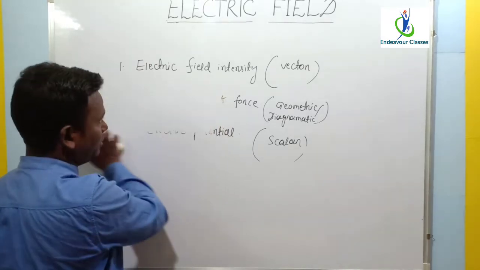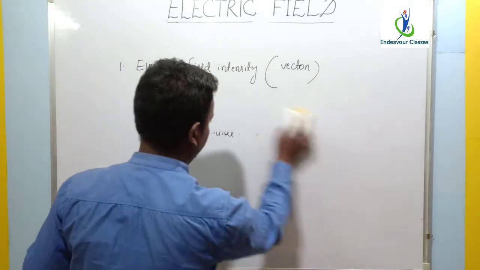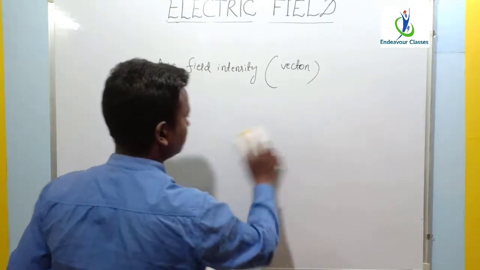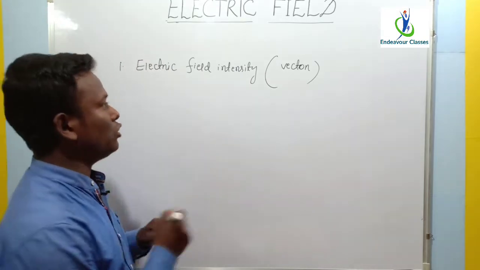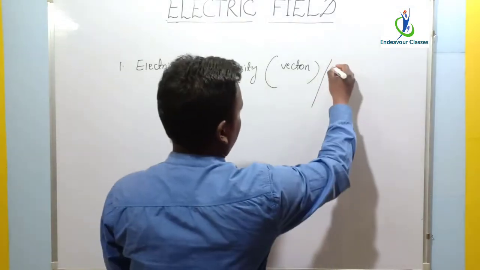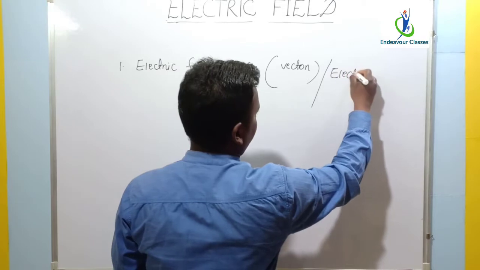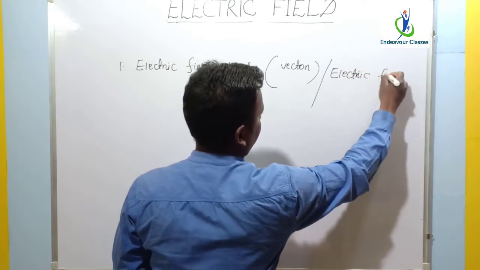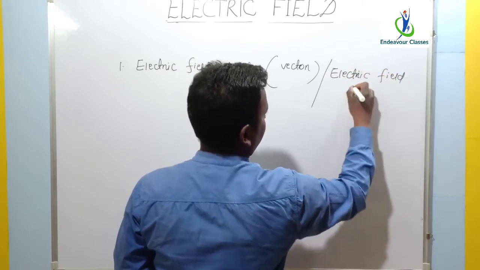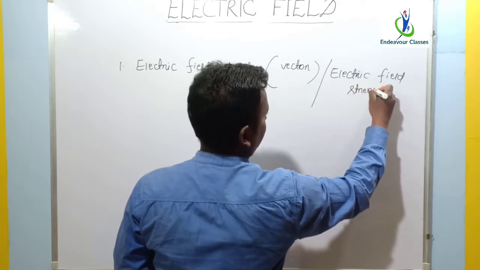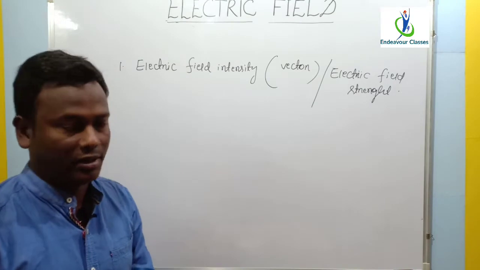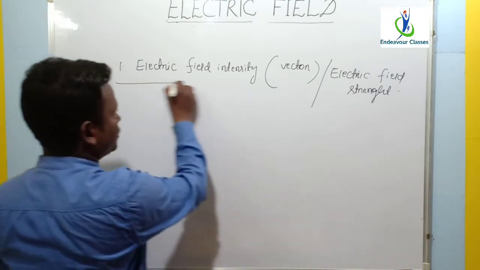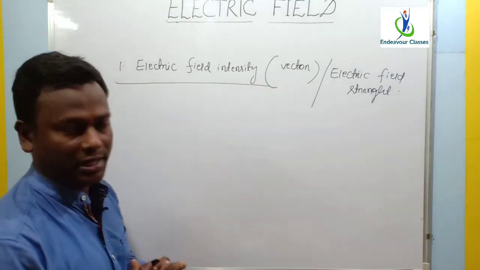Now coming to the first one, the electric field intensity. Otherwise called the electric field strength, or the strength of electric field. Now what does this term mean?